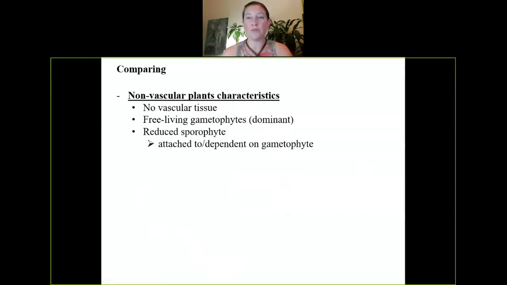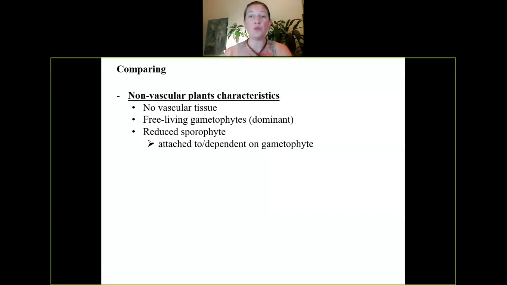So let's just briefly compare non-vascular plants with vascular plants. We learned last time that non-vascular plants have no vascular tissue, right? That's what makes them non-vascular plants. And we learned that for the non-vascular plants that are living today, the gametophyte plants are the dominant generation.